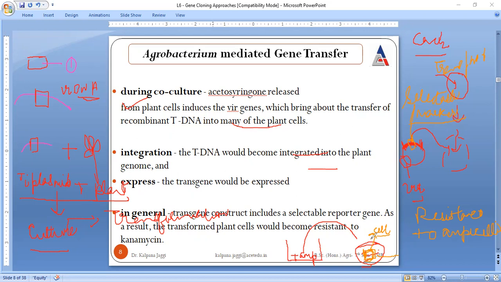In the other case, if no transformation has taken place, there won't be any ampicillin resistance gene within the host genome, and it is not going to grow because it cannot tolerate the effects of ampicillin. So this is how, after expression, we can confirm whether a particular gene is expressed in the plant or not.